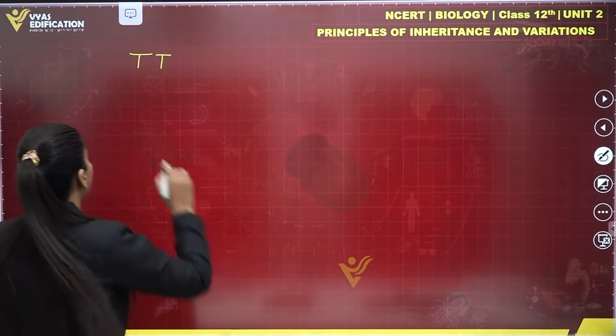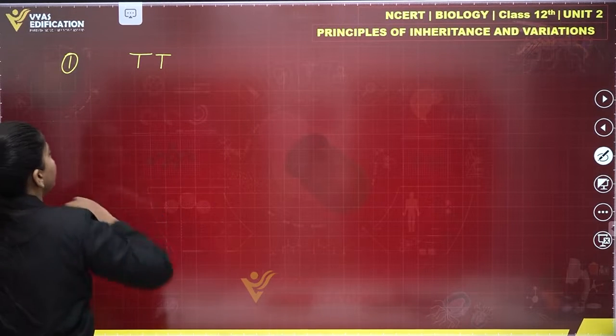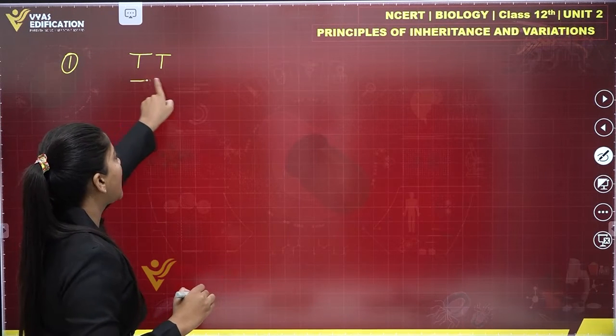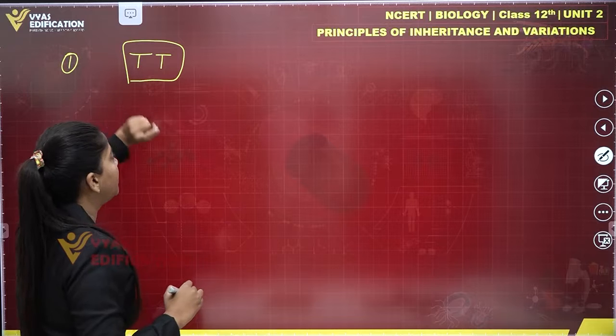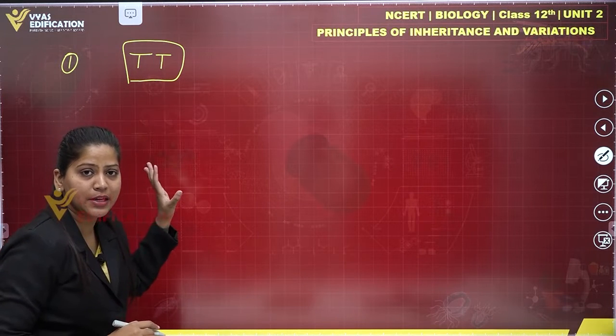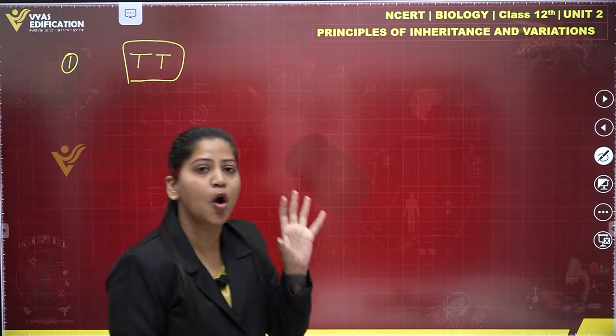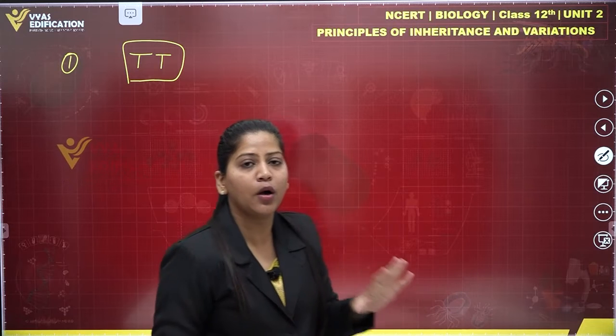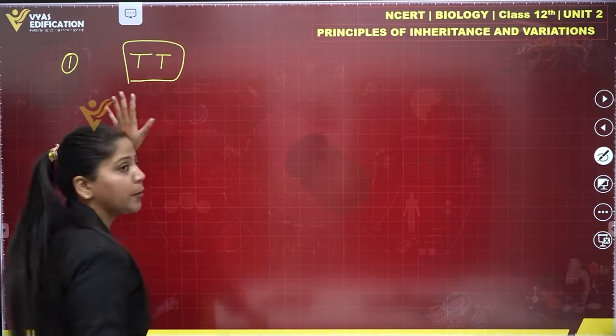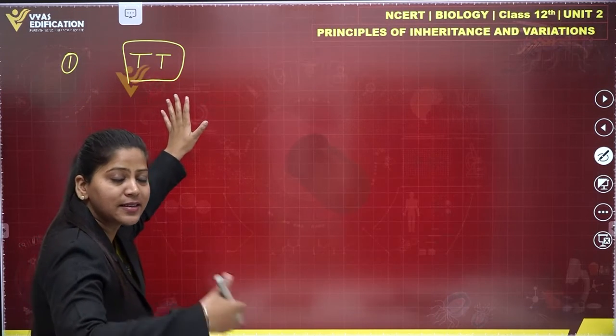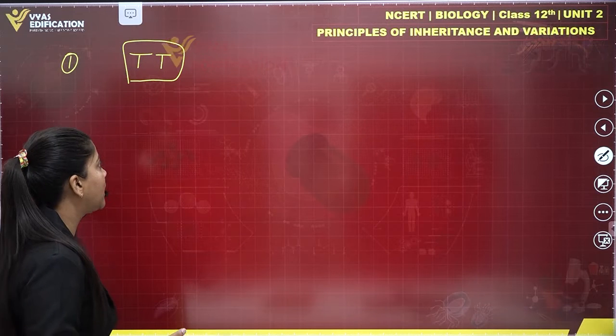In the first case, suppose the organism has capital T condition, that means homozygous dominant, but we don't know its genotype. We still have to test it.